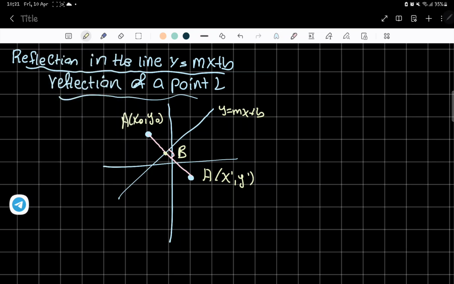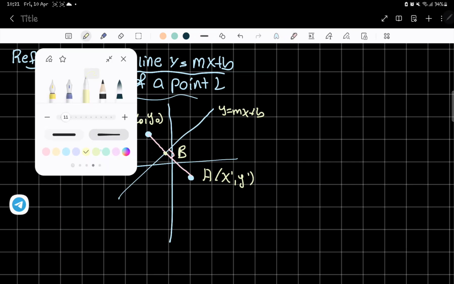We're going to go through this with an example. In many questions, they give you a point that is being reflected, and then they give you the line of reflection. Your main goal is to find the point that was reflected and its exact coordinates.